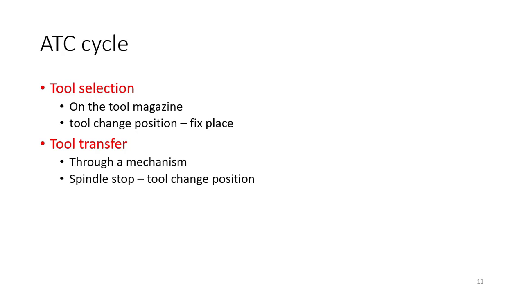For the transfer, the spindle must be stopped at the tool change position. If the spindle already has a tool, it will be removed first, then the new one will be installed. Correct. So this is the ATC cycle which is used every time you want to change the tool. First is tool selection, and second is tool transfer.